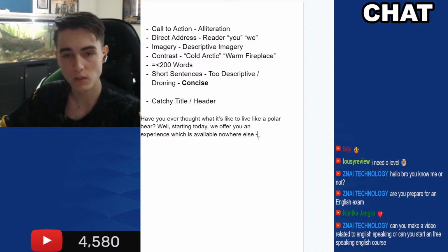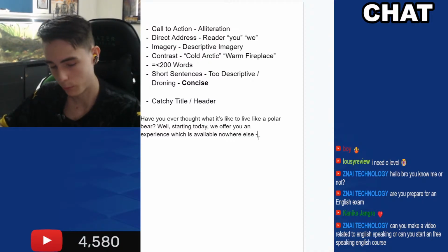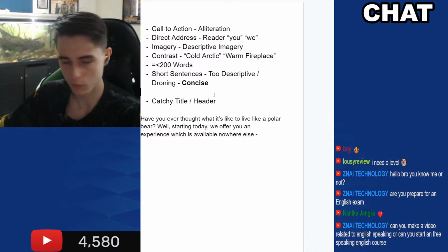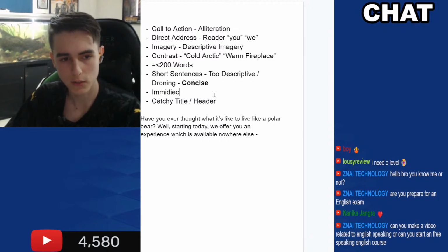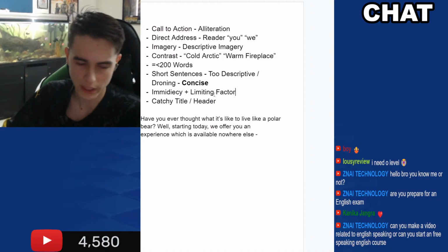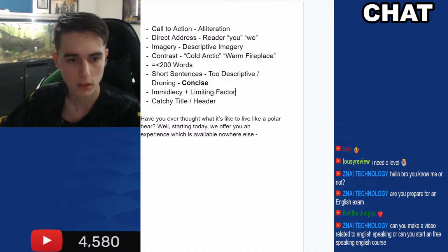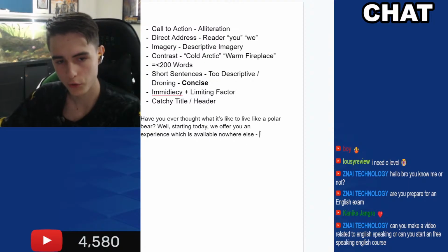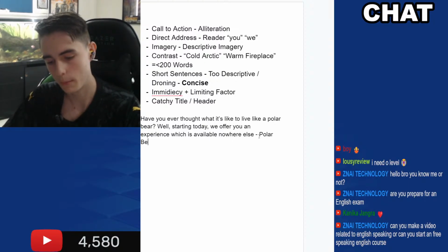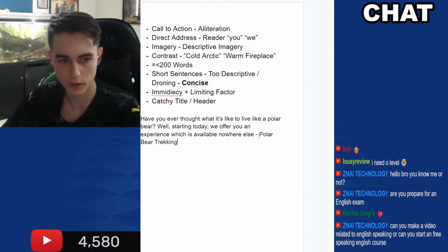Obviously, another sort of thing, limiting factor. That's pretty important for an ad. So we can actually write these 2 points in here. Immediacy plus a limiting factor. All key points here. Well, starting today, we offer you an experience which is available nowhere else. Polar bear trekking or something like that.